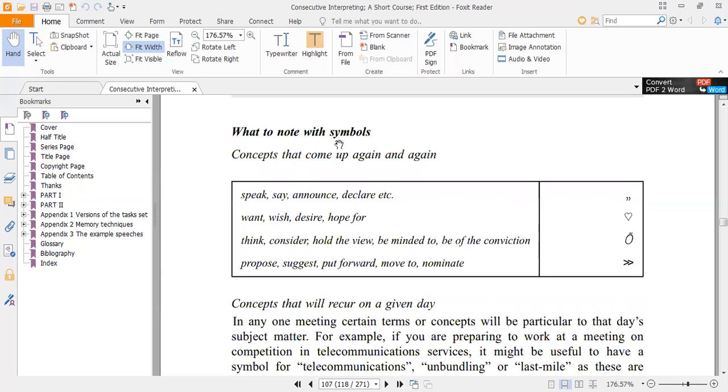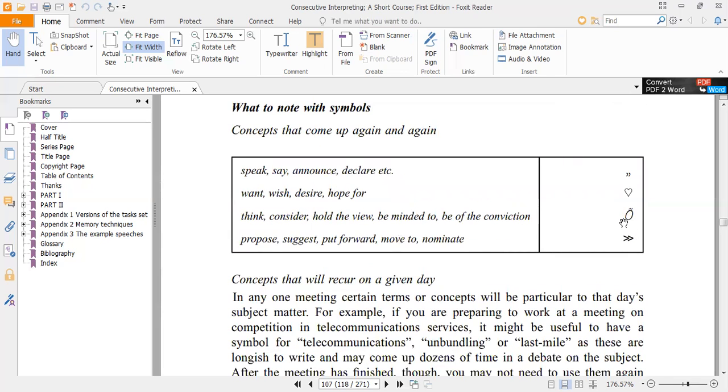What to note with symbols? Okay, look at these symbols. If we have the heart symbol, it refers to want. For example, if we have these words in the spoken speech: want, wish, desire, hope for, we can symbolize them as a heart, as you see.